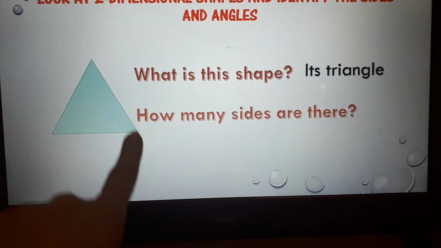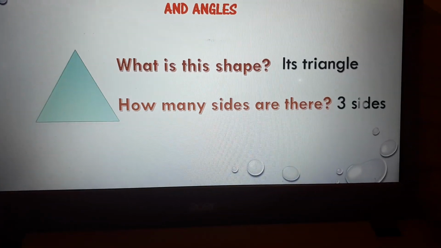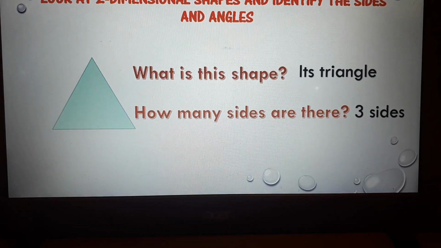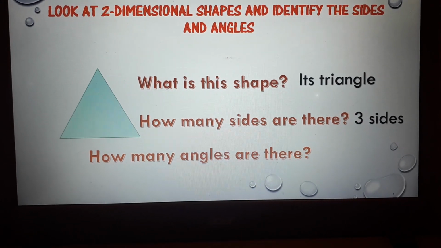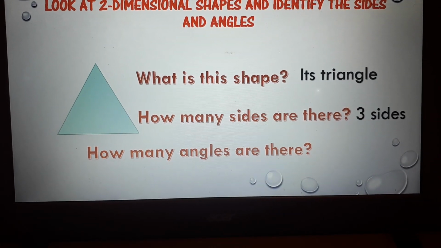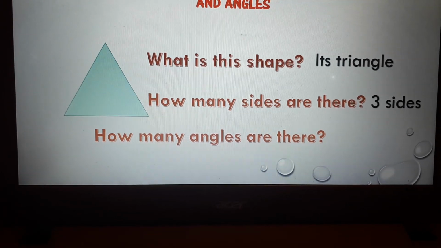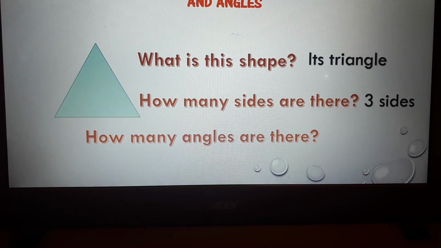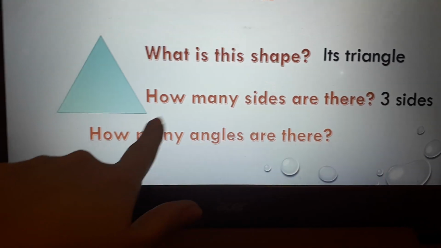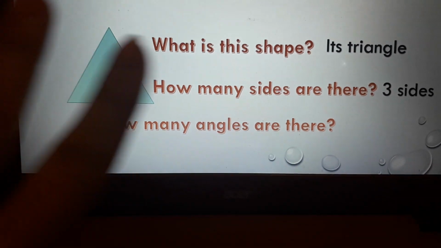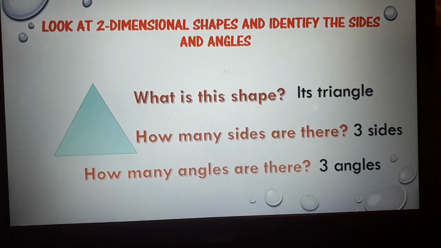So 1, 2, 3. How many sides? 3 sides. Great job. Now, how many angles are there? Let us remember, what do you mean by angle? An angle is the space between two intersecting lines. How many spaces do we have here? 3. Great job. 3 angles.